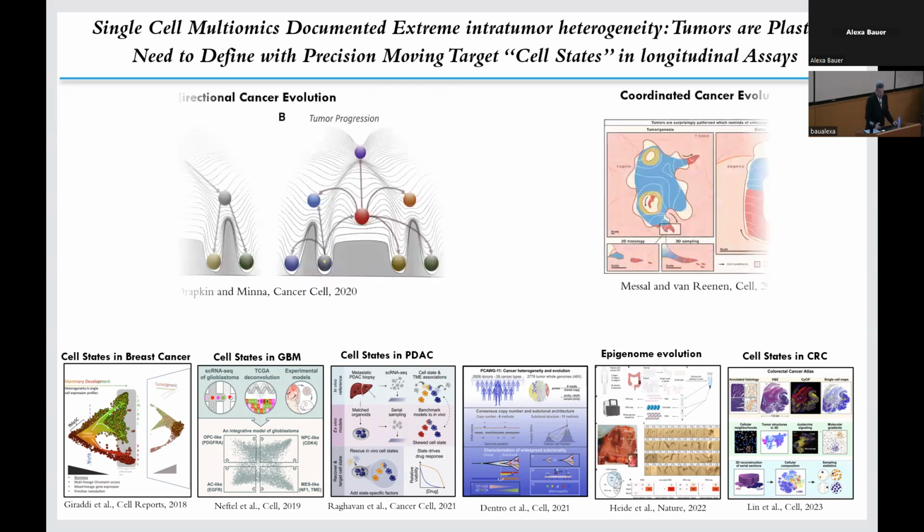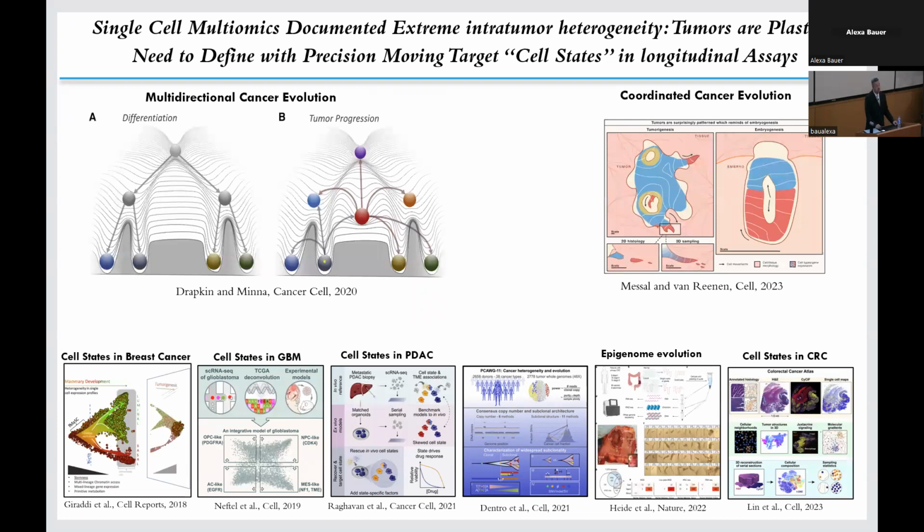So, an introduction to this work by John Minna and Drapkin: they theorized the multi-cancer evolution model, where the hierarchical differentiation that happens continuously during development in tissue stem cells is now changing to become a model of differentiation in many different directions. Others introduced the work as a representation of what happens during embryonic development.